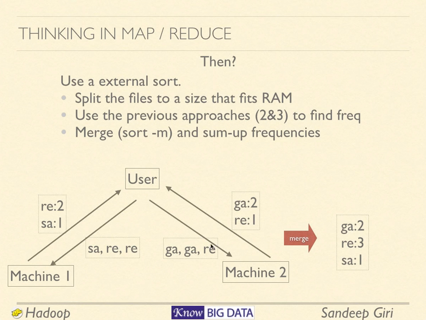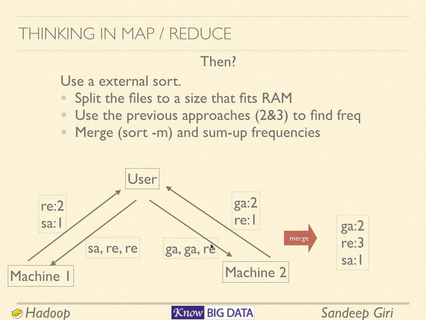Let machine 1, machine 2 run the algorithm which we talked about in the first approach, which was the programmatic way. Let all of them use the same algorithm and give the result back to the user in alphabetic order of the words. Okay, now the user will take all of these files together and will merge them and prepare the output.